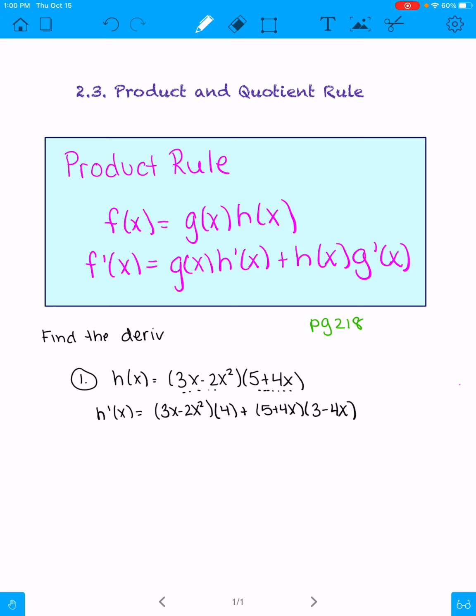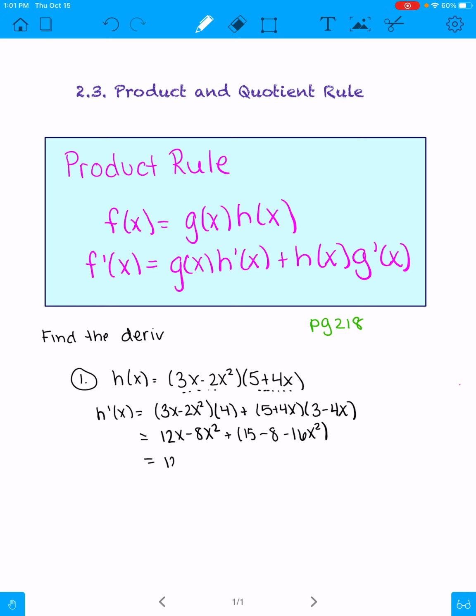Then we distribute our 4 through, and we FOIL out 5 plus 4x times 3 minus 4x. When you FOIL that out, you get 15 minus 8x minus 16x squared.